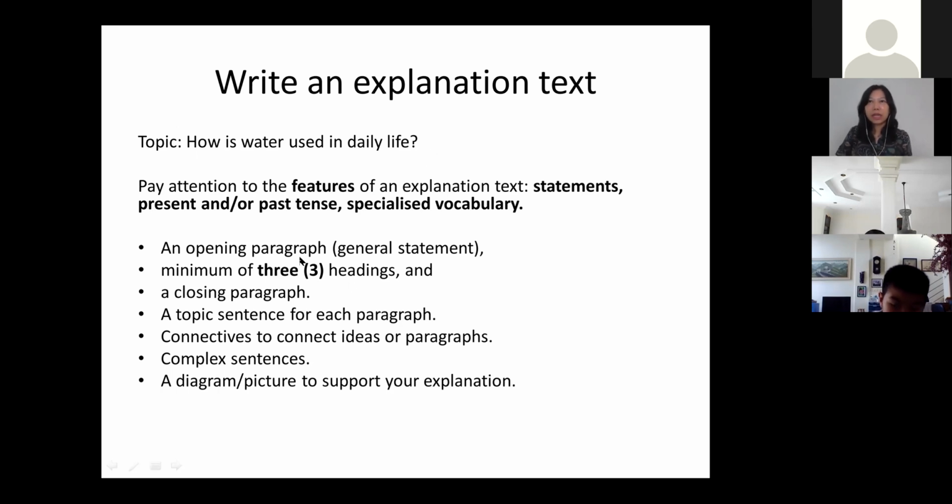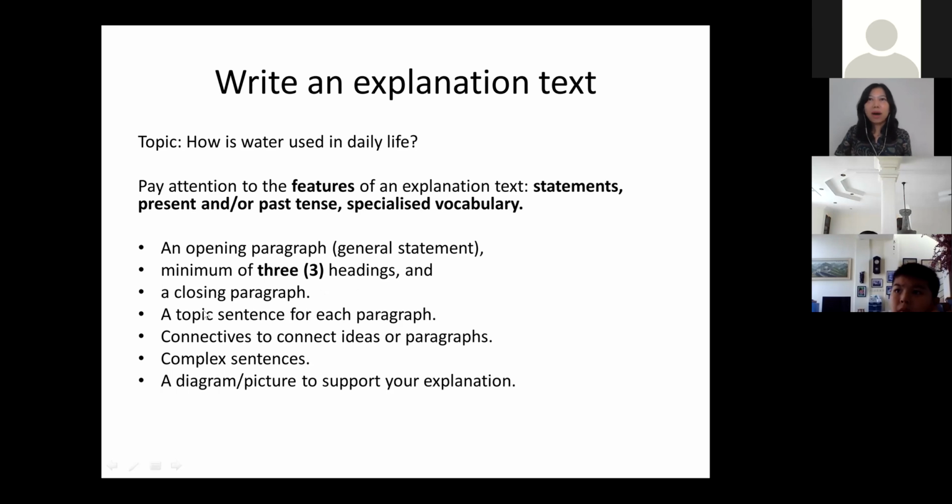Remember the headings should be seen clearly. Don't give me headings which are not seen clearly, just like you did on your leaflet or brochure. I got confused there. You need to give me clear headings.